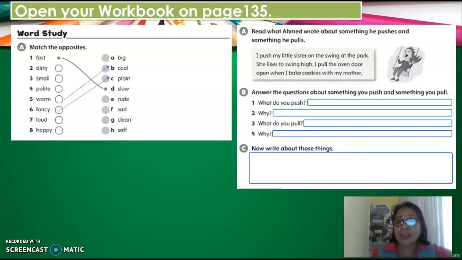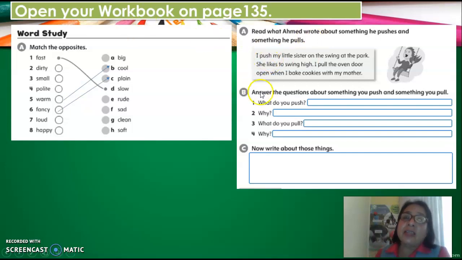So it is a him, not a she. So Ahmed is a boy. Now, you will read this information to have an idea what the information is about, what they will ask you.